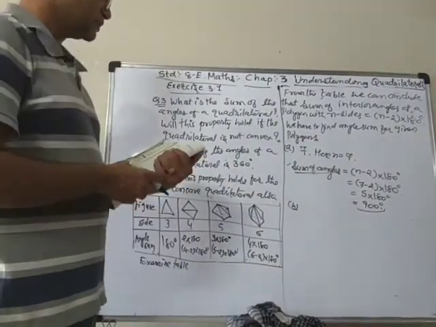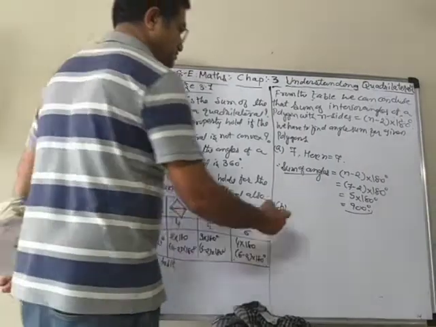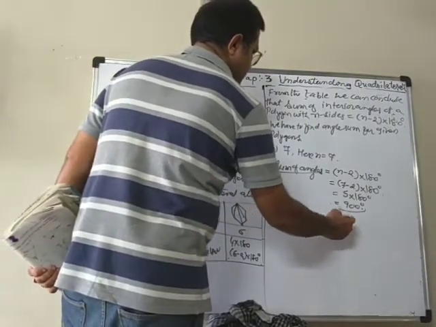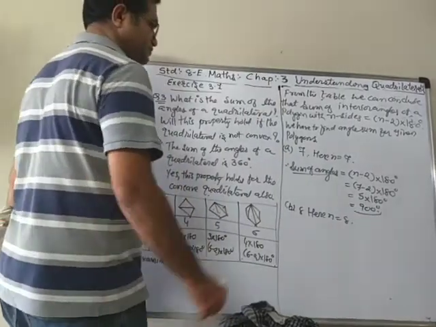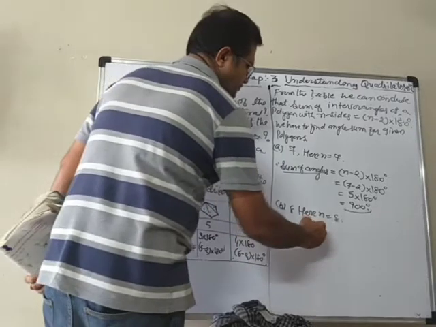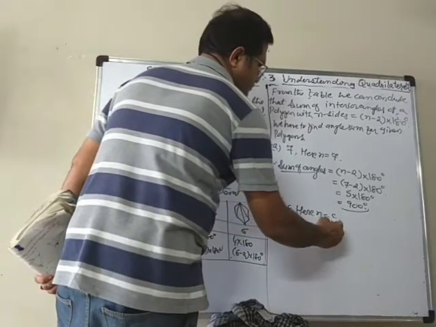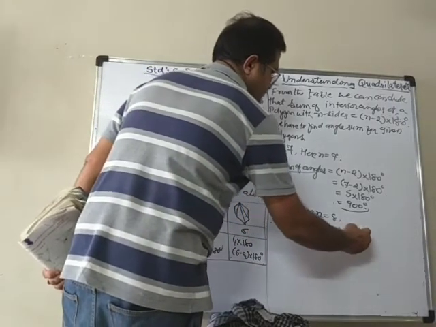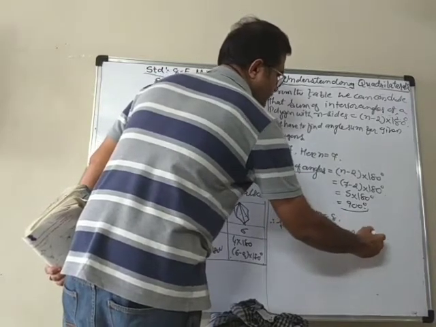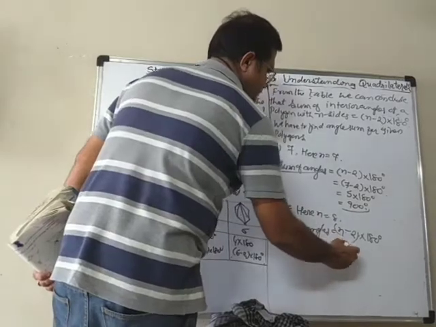For B, there are 8 sides. So here n is equal to 8. Therefore, sum of angles is n minus 2 multiplied by 180 degree.